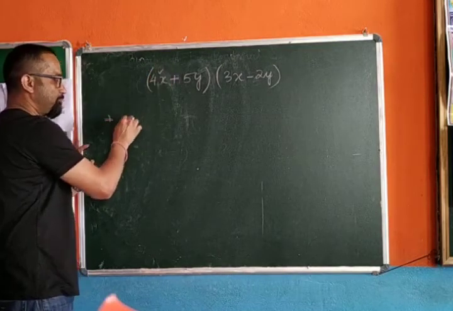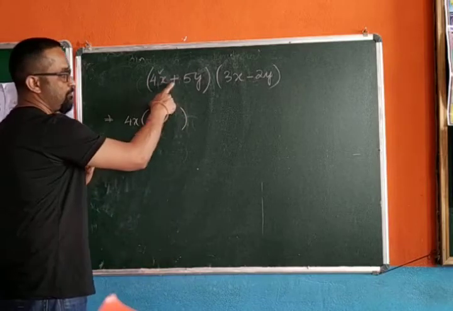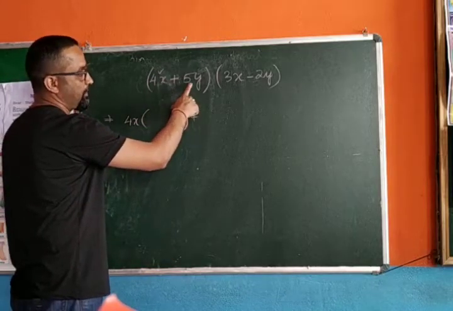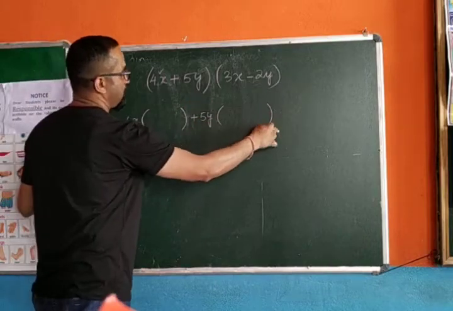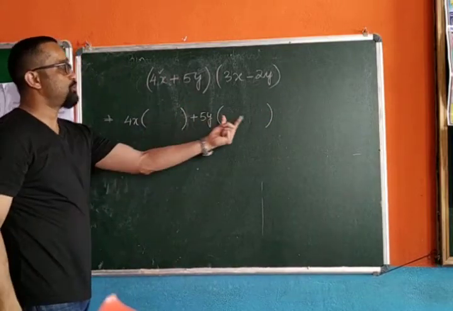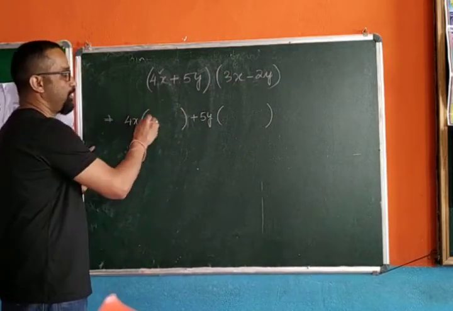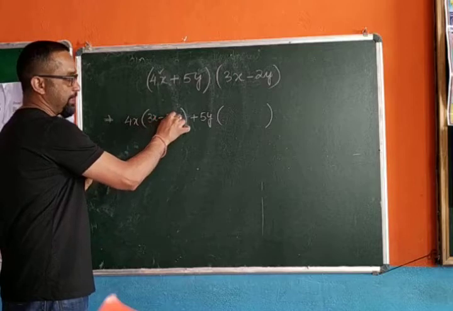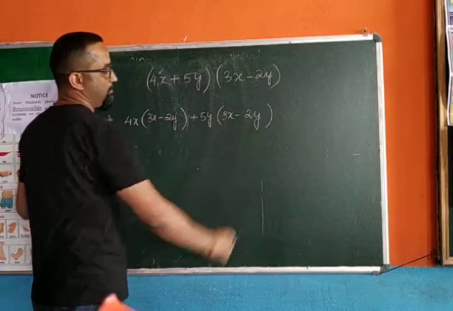First term you copy 4x, bracket, plus sign. Second term you copy for the first one, again bracket. Inside these two brackets you copy the second binomial, 3x minus 2y, 3x minus 2y.